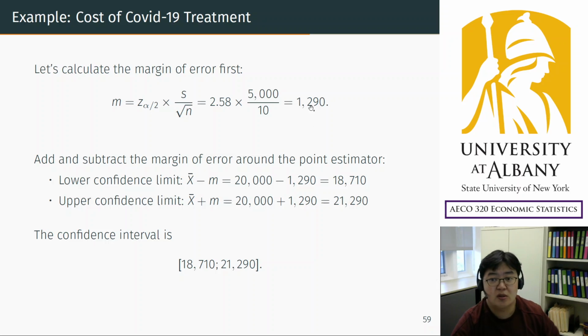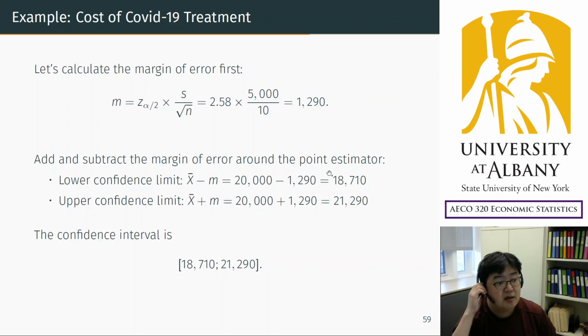It is easy to calculate: $1,290. So this is the margin of error, the expected error you have to allow when you have a confidence level of 99%. The average was $20,000, but you have to add and subtract this margin of error.